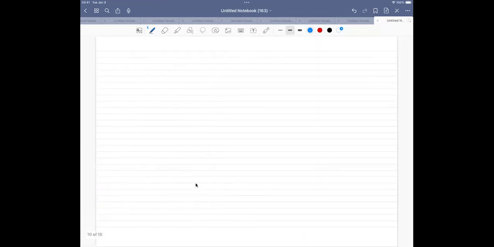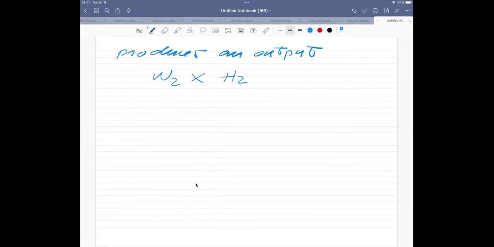So that means that we would produce an output which is going to be given by W2 times the height times the depth.